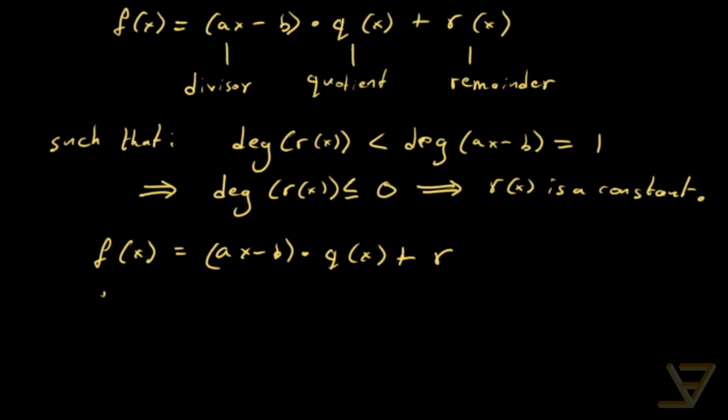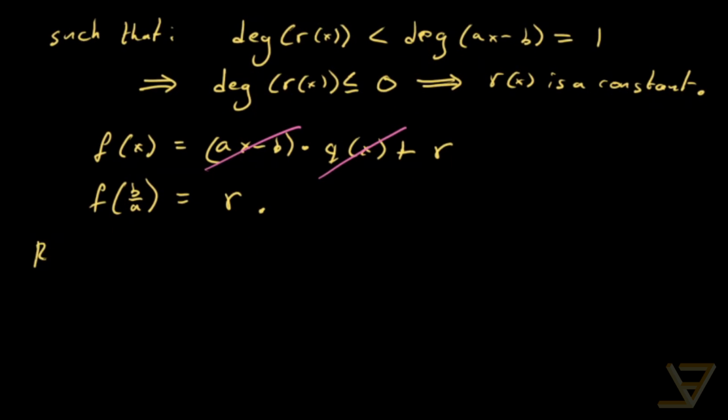And if we substitute in b over a, then this term disappears. That causes the quotient to disappear, and we're left with just the remainder. And that's what the remainder theorem says.